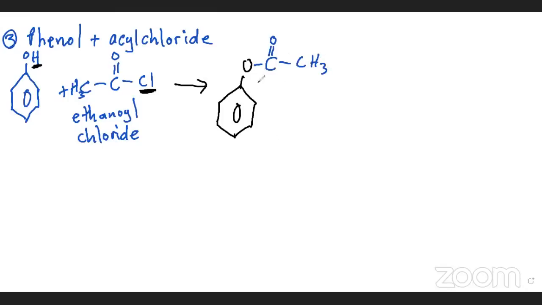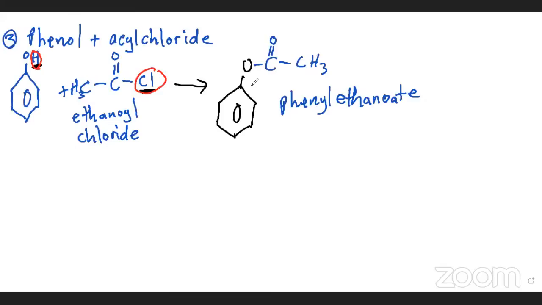All right, so that is it. And this is phenyl ethanoate. So the acyl chloride reaction is just like an esterification reaction. You are taking off the chlorine, you are taking off the hydrogen from the phenol, and you just put the oxygen where the chlorine was.